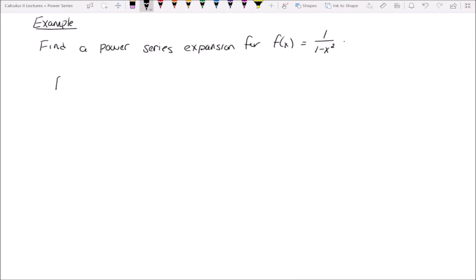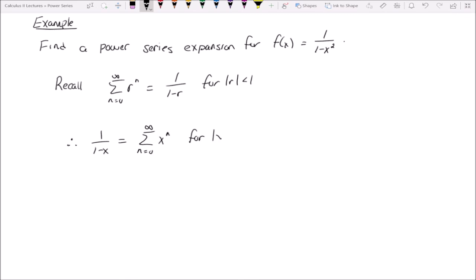Well, first, recall that the geometric series n equals 0 to infinity of r to the n is equal to 1 over 1 minus r for absolute value of r less than 1. Therefore, what we can say is that 1 over 1 minus x is represented as the series n equals 0 to infinity of x to the n for absolute value of x less than 1.